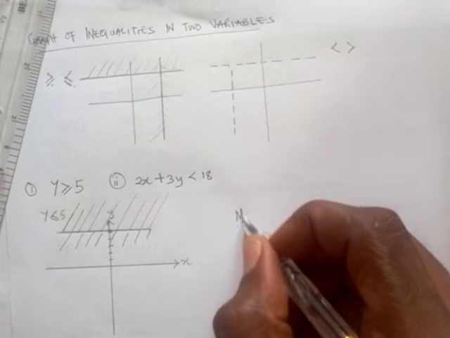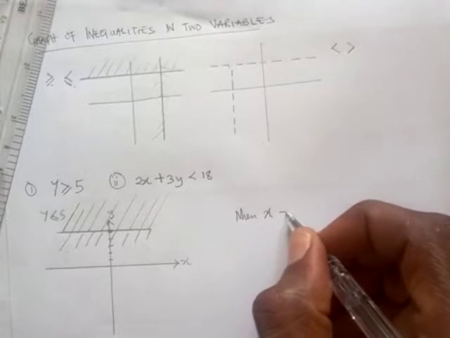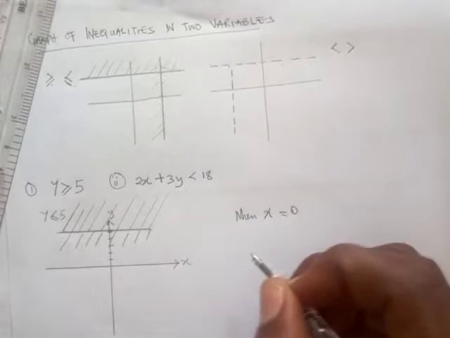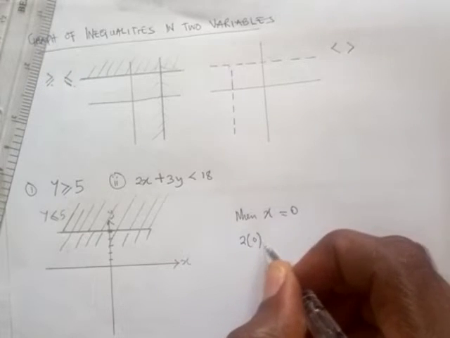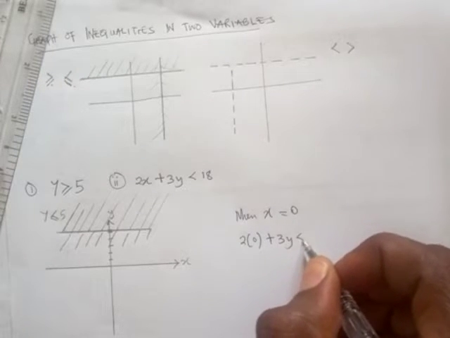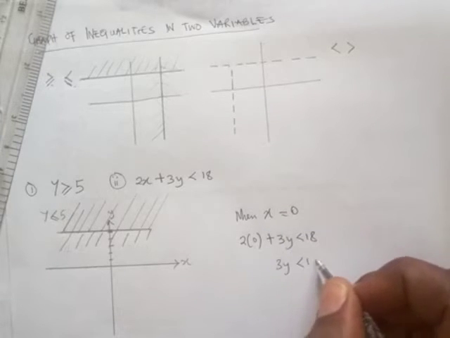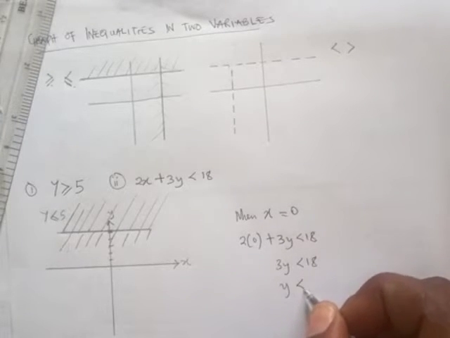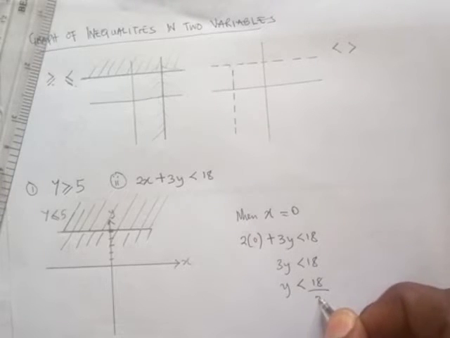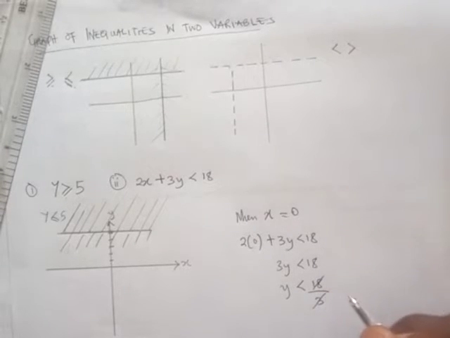So when x is 0, 2 times 0 plus 3y less than 18. 2 times 0 is 0, so we have 3y less than 18. y becomes 18 divided by 3. 3 will cancel 18. y less than 6.